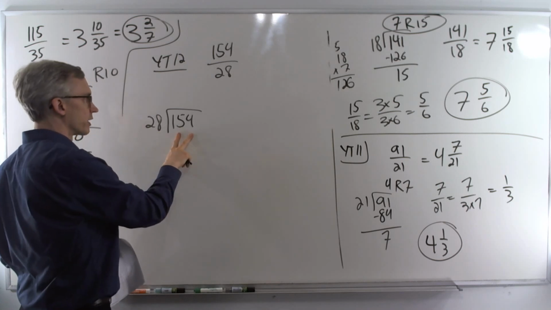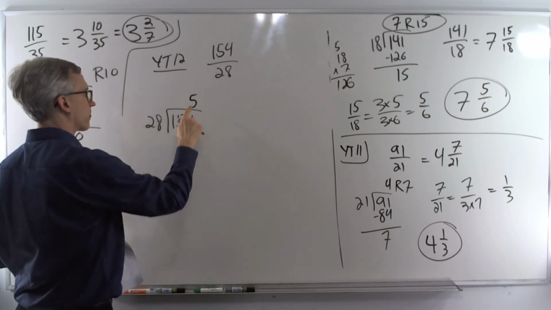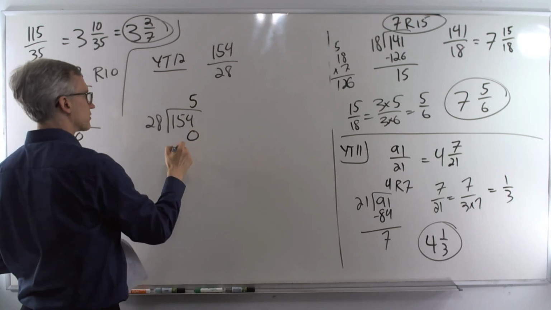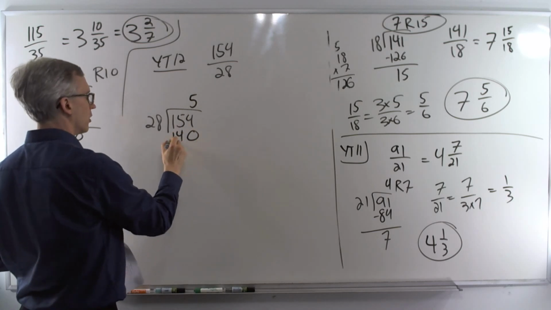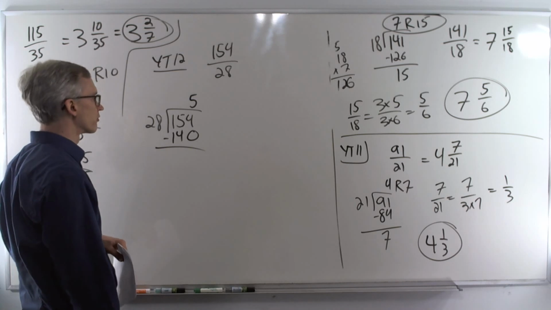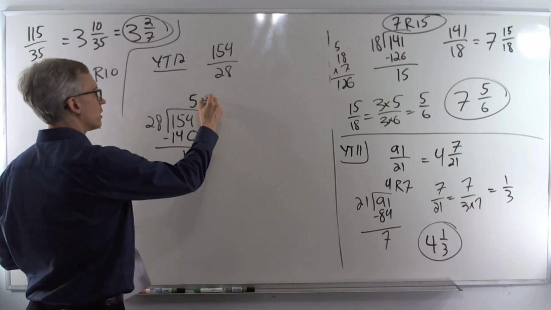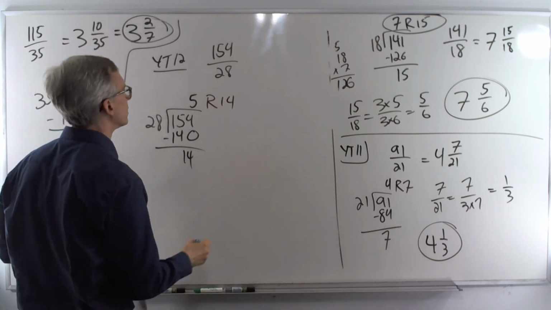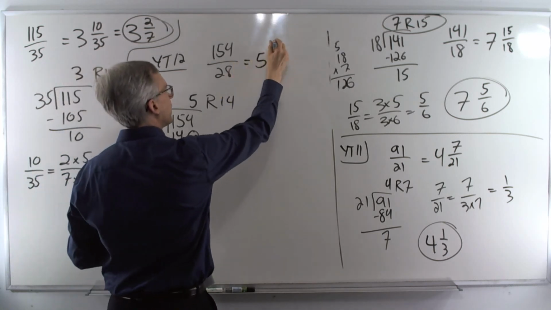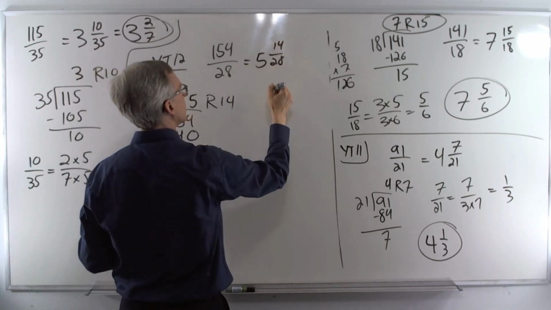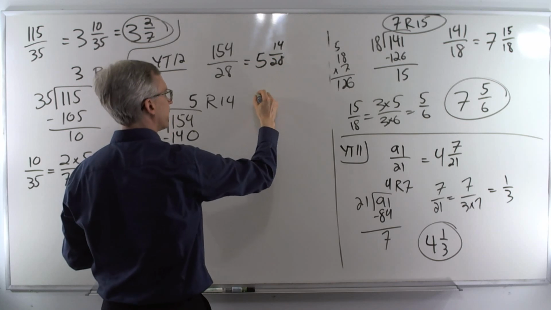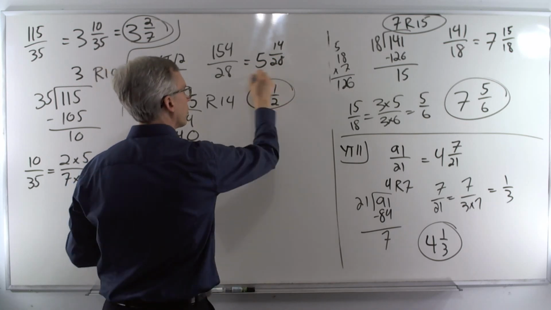Multiply by 5, we get 150. So let's try that. All right, 5 times 8 is 40. Carry the 4. 28 times 5 is 140. Subtract, you get 14. So it's 5 remainder 14. So that gives us 5 and 14 over 28. And 14 over 28, that's just 1/2. So 5 and 1/2.